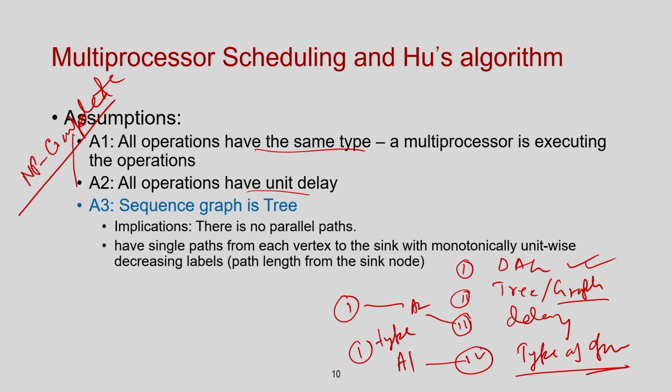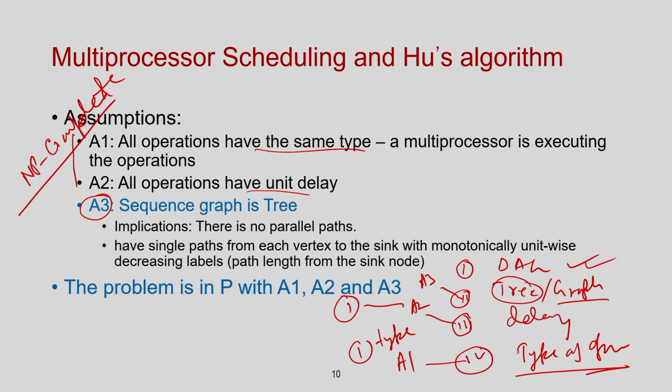Now, if you assume the third assumption, that this sequence graph is not a general graph, rather it is a tree, that means there is a unique path from each node to the sink node. Under these 3 assumptions, this problem turns out to be in P, that means it is polynomial time solvable.